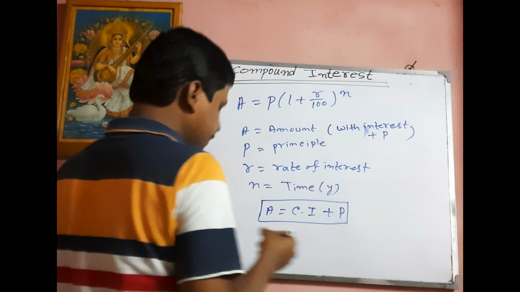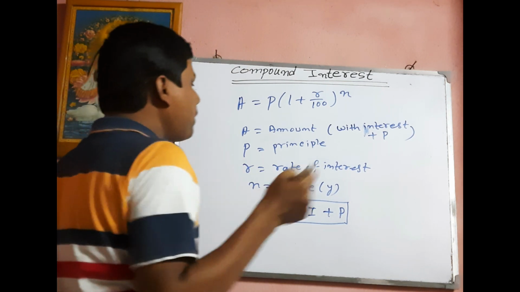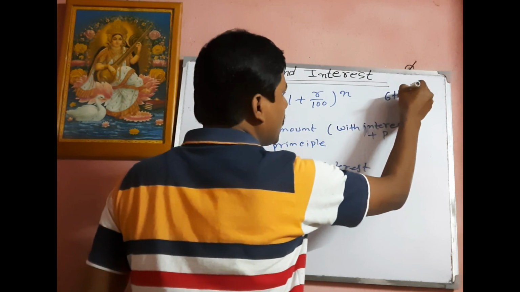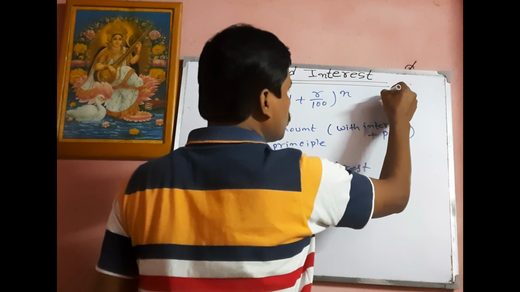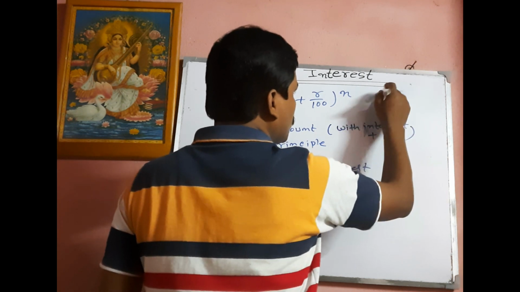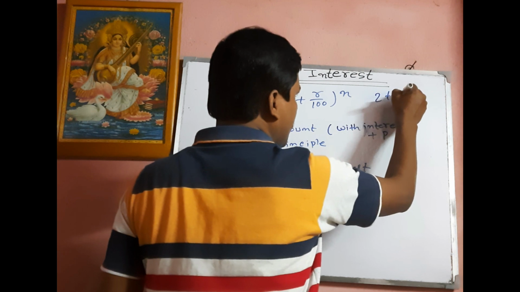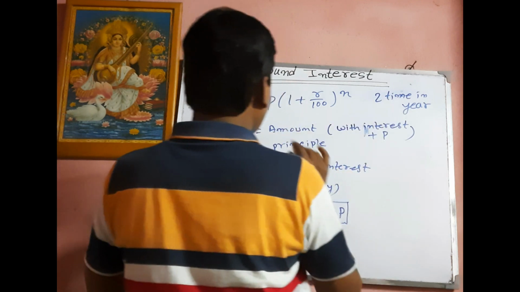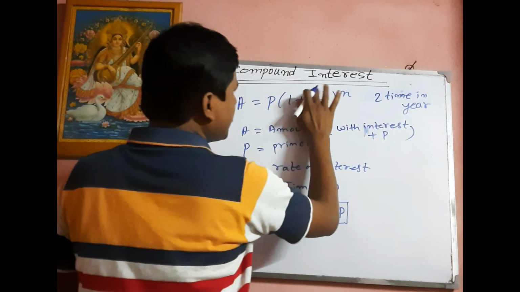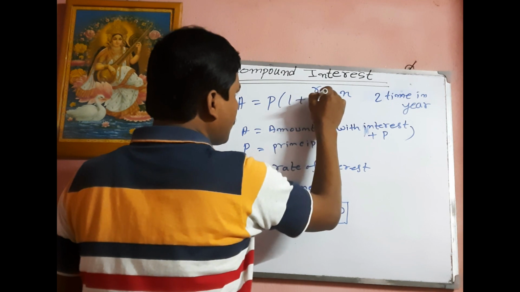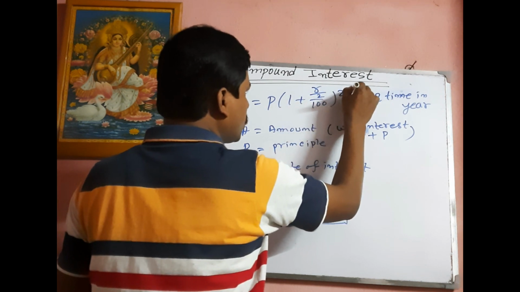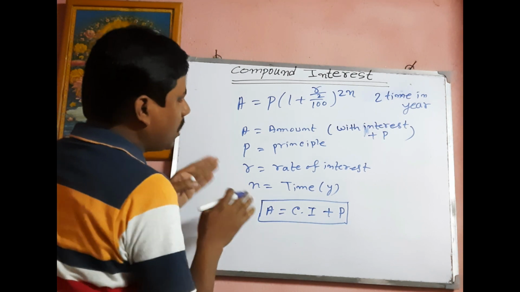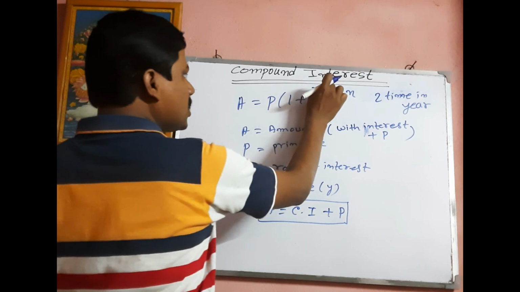Now we are discussing that if the time period is 6 months, that is two times in a year, then the formula changes as R becomes R by 2 and n becomes 2n. And the associated A and P will be the same. So this is the change.